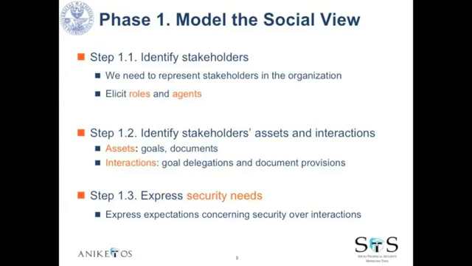As we said in the beginning, in our example, actors very often have to rely on others to obtain their objectives. So in order to reach their goals, either they have the capability or they have to depend on others, and we capture this kind of interaction through goal delegations. Whereas regarding documents and the information they exchange with others, the interaction is captured through document provisions.